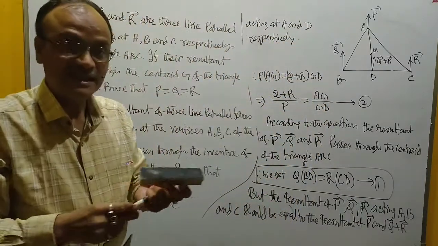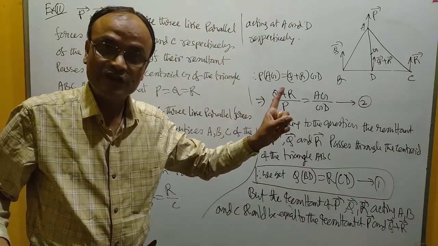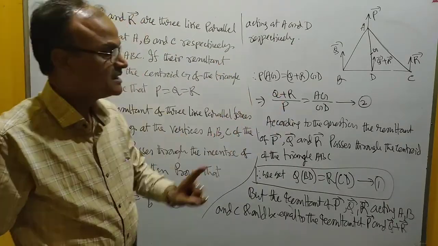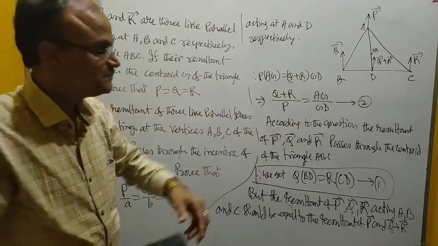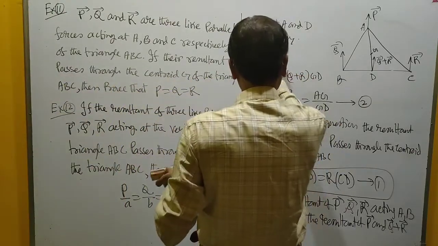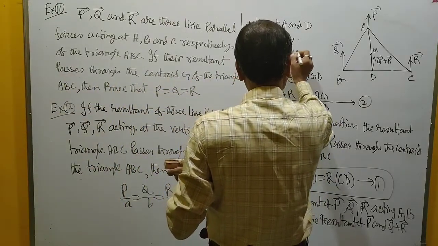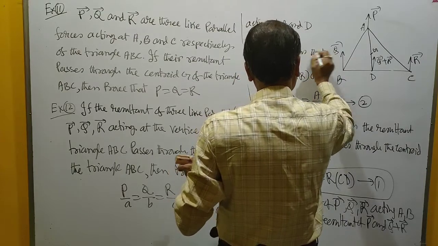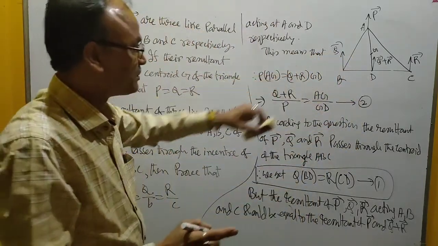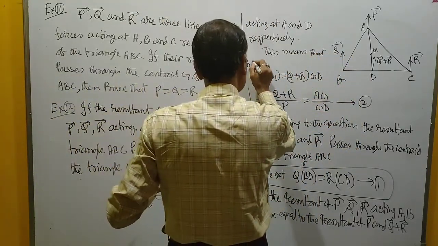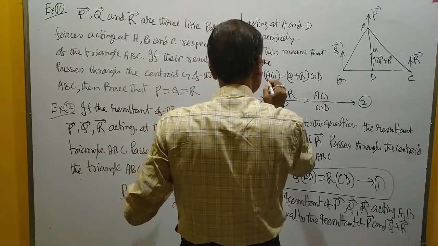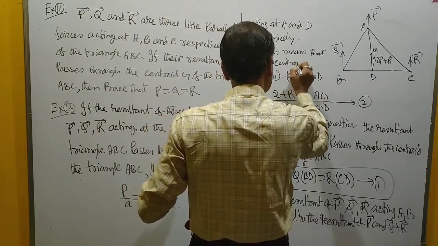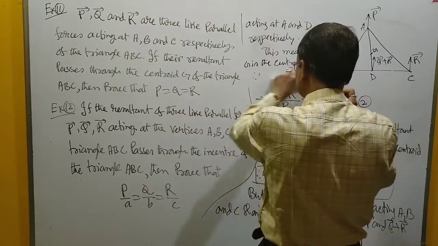This means that G is the centroid of the triangle ABC, and D must be the midpoint of BC.